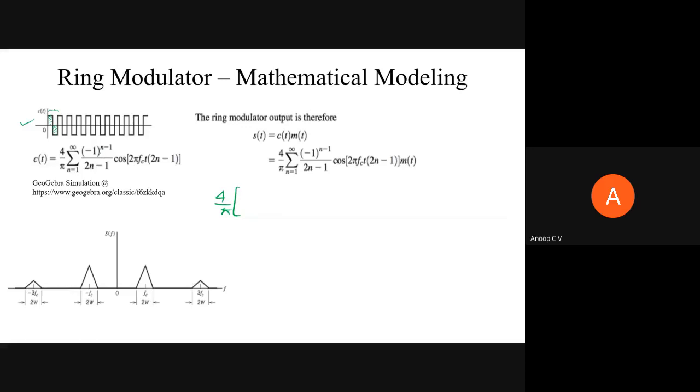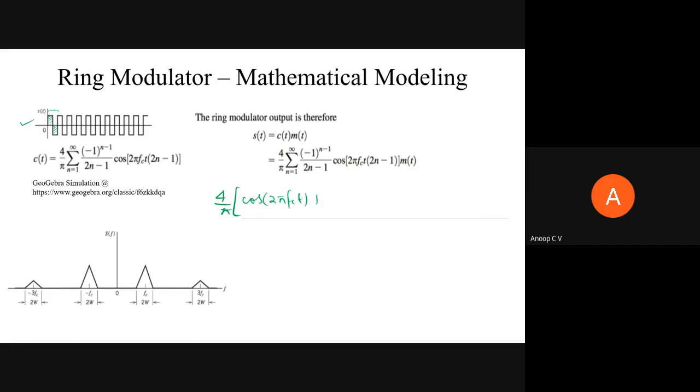It will be minus 1 to the power 1 minus 1, which is 0. So minus 1 to the power 0 is 1, then 1 by 2 into 1 minus 1. What is 2 into 1 minus 1? It is again 1. So it will be 4 by pi times cos 2 pi fct.